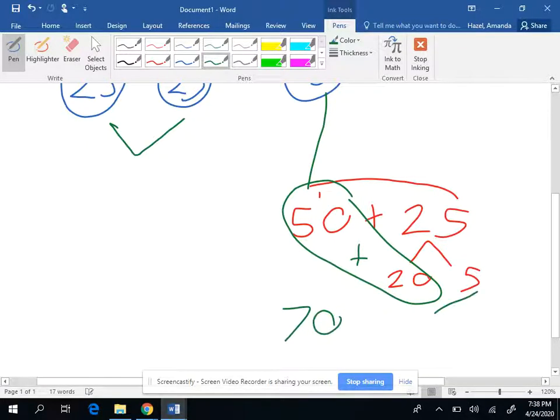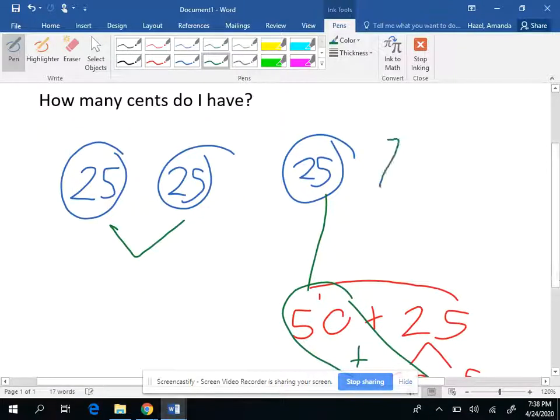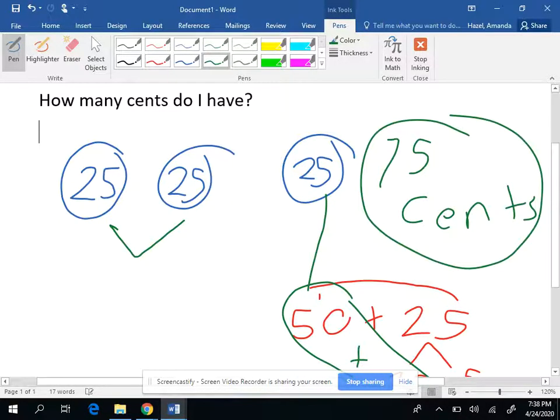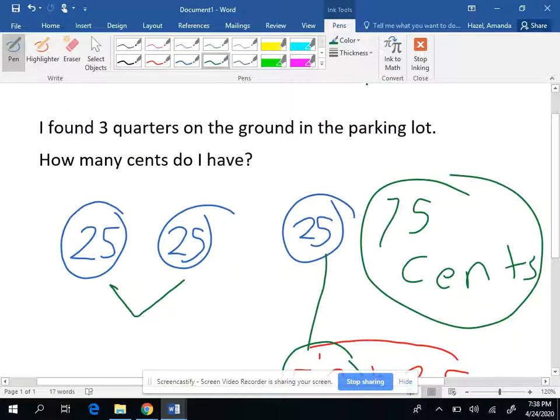And 70 plus 5 is what? 75. So how many cents do I have? I have 75 cents. Good.